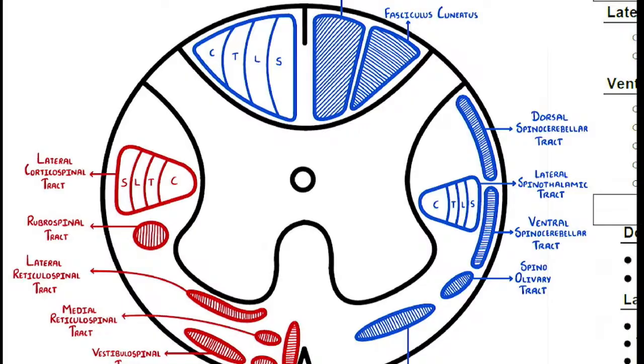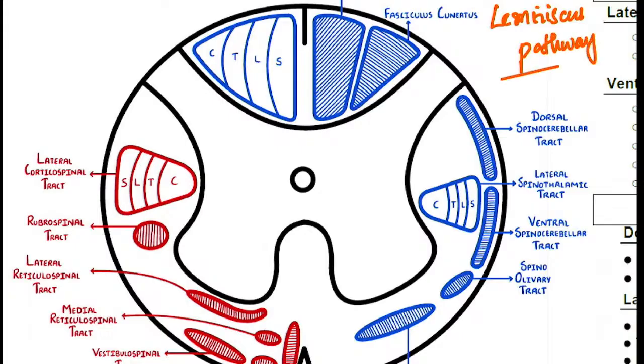When these two come together, the pathway we call the dorsal column medial lemniscus pathway. Let me write it down for you: the medial lemniscus pathway.